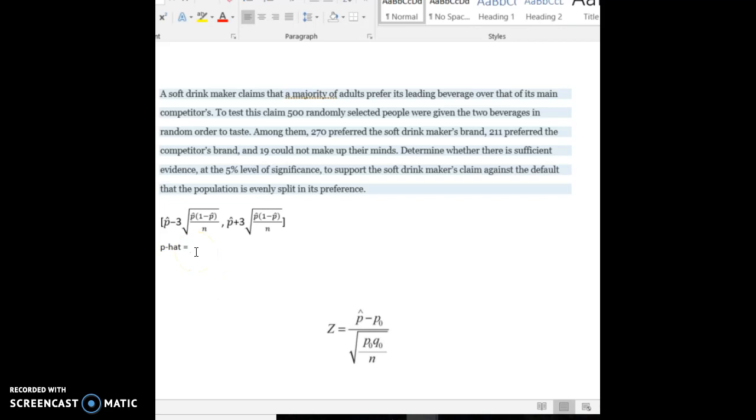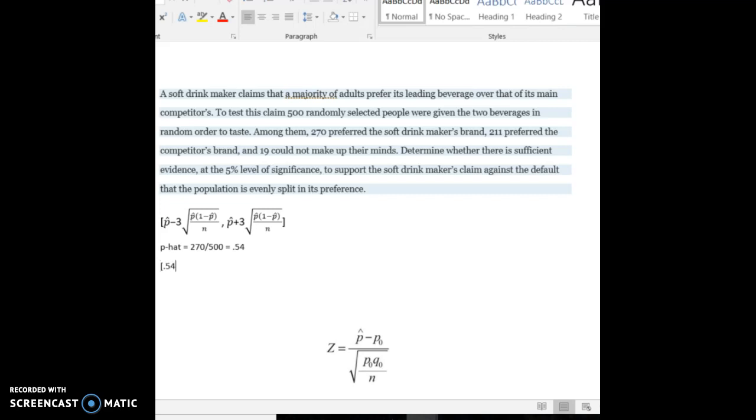All right, so p hat is going to be 270 out of 500, because there were 270 people who liked the brand, over 500. And if we put that into our calculator, that is 0.54. All right, so let's fill in now to our interval that we have to calculate.